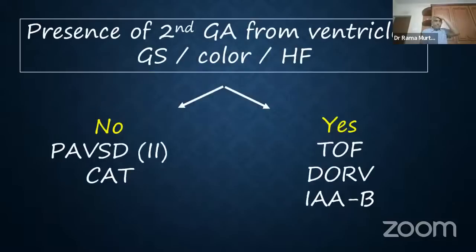So we will go through the very simple algorithms. We will go through each of those questions. The first question we said is presence of a second great artery, right? You can recognize this on grayscale. You can recognize this on color. Or, of course, you can recognize it if you use a high-frequency transducer.